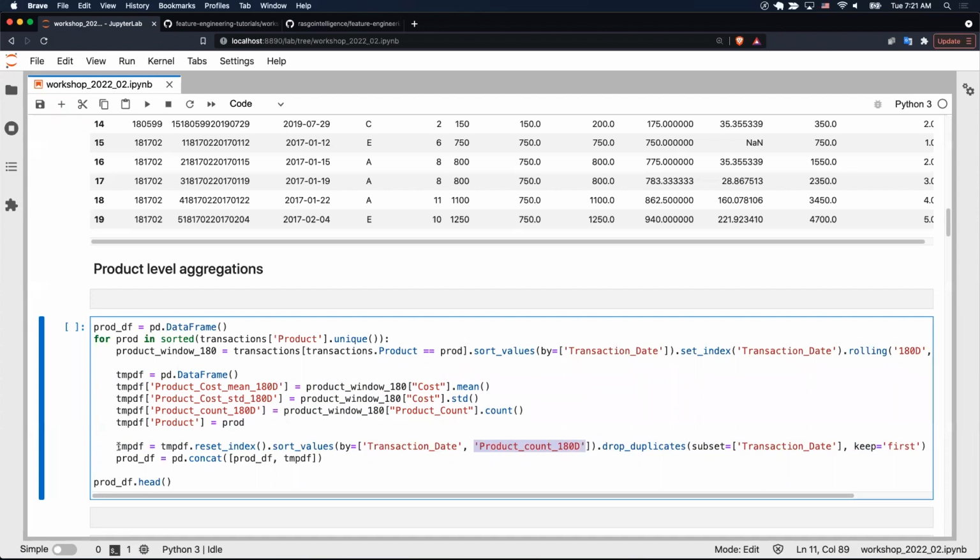So at this point, I'm holding a single record per product per day, and it's built on the first transaction of that day and only includes transactions through the prior day.